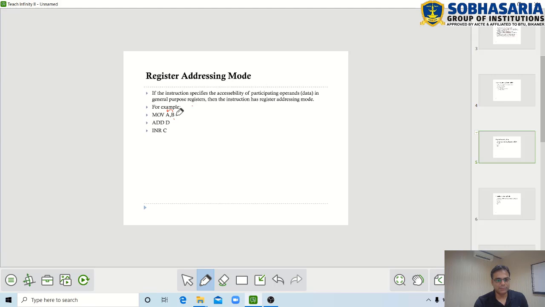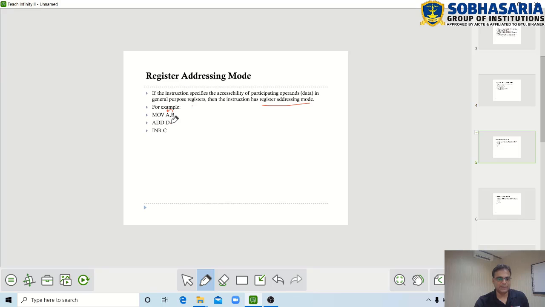This is simply a copy and paste operation. The data which is going to participate is available in B register. That is why we call this register addressing mode, because our data participating in the operation is available in a particular register, the B register.